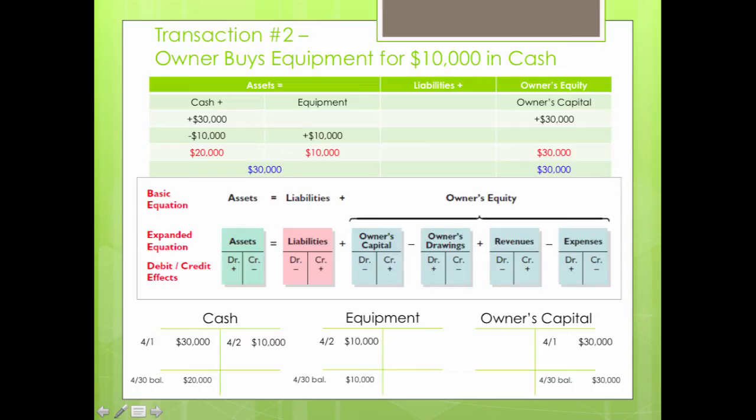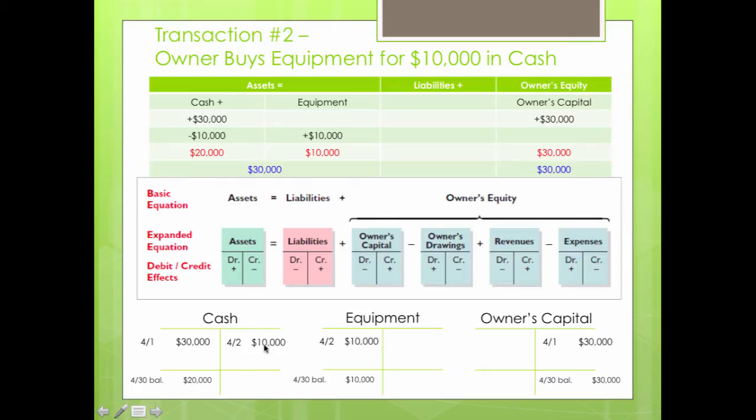For the cash account, you are decreasing the account because you have to pay for the equipment in cash. So if you notice on your assets account, in order to decrease an asset account, you have to record it as a credit. Okay?